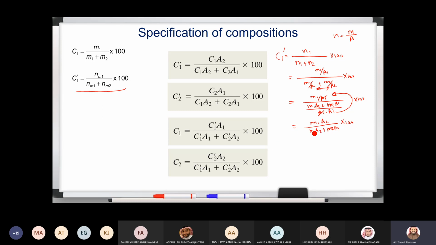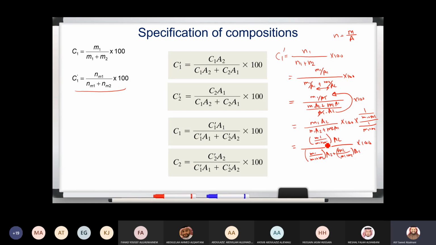So in order to convert it into C1, we multiply both by M1 plus M2. We can do this. So we will have (M1 over M1 plus M2) A2 plus (M2 over M1 plus M2) A1 in the denominator, times 100.